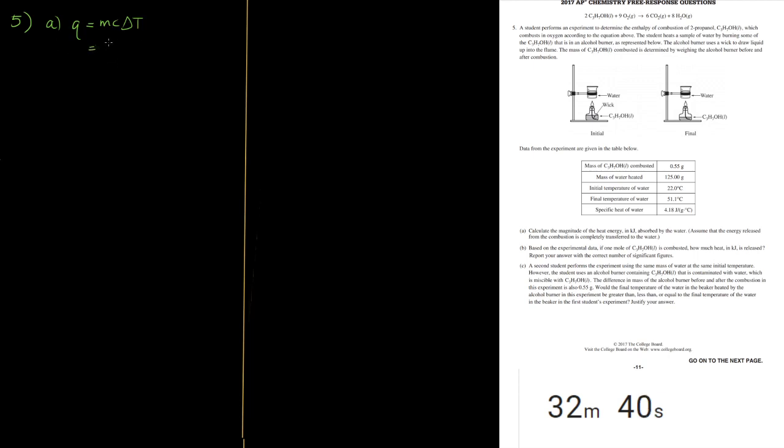The mass is 125.00 grams. The specific heat is 4.18 joules per gram degree Celsius. And the difference in temperatures is going to be, pull out the calculator briefly, 51.1 minus 22.0, 29.1 degrees Celsius.